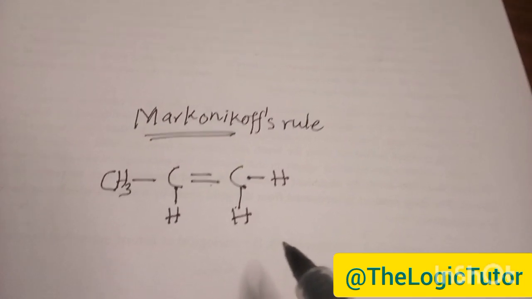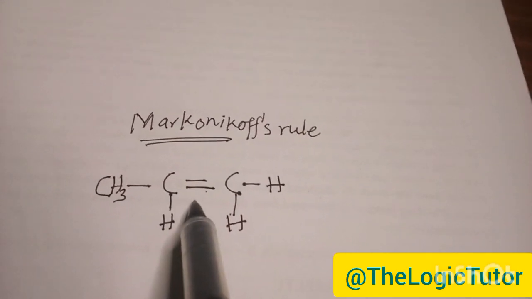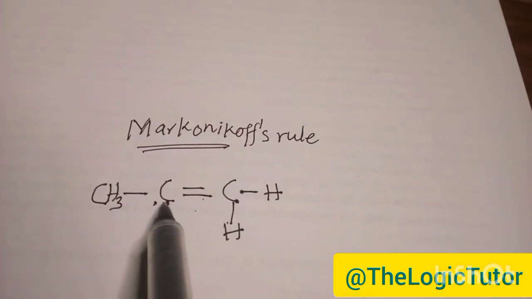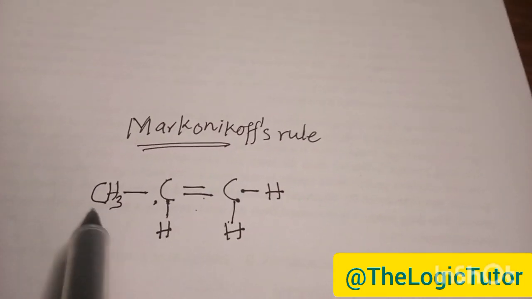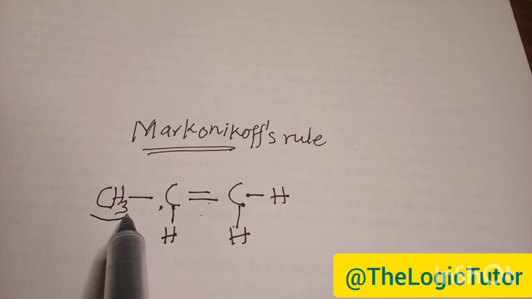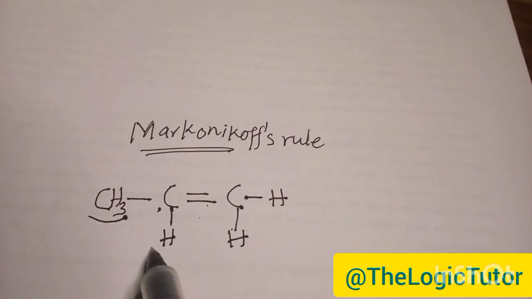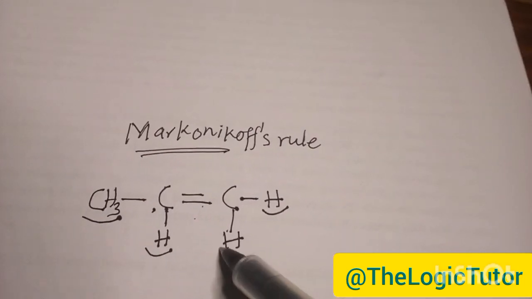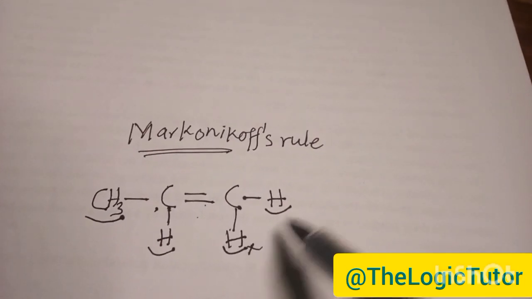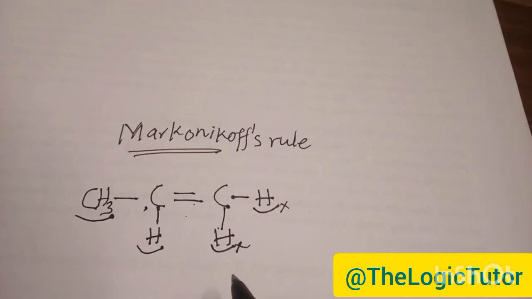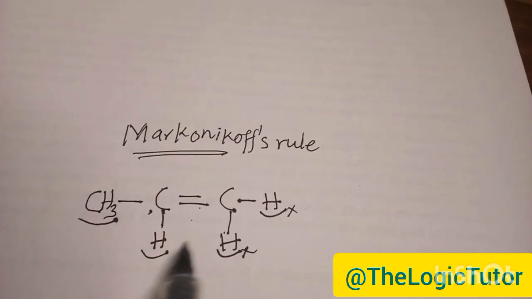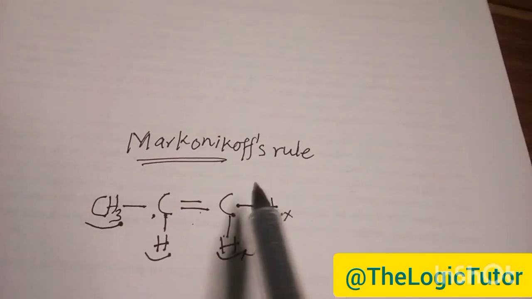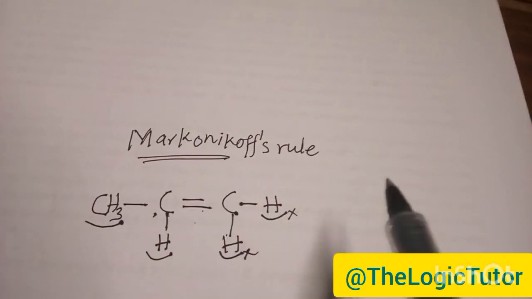Why is it unsymmetrical? Look at where the double bond exists. That is between these two carbons. And this particular carbon has one methyl group and one hydrogen. Meanwhile, this one has two hydrogen atoms, making them different. Are you getting it now? So this makes it unsymmetrical because they are not connected to the same functional group or the same atom.